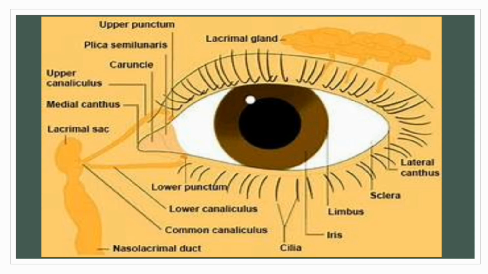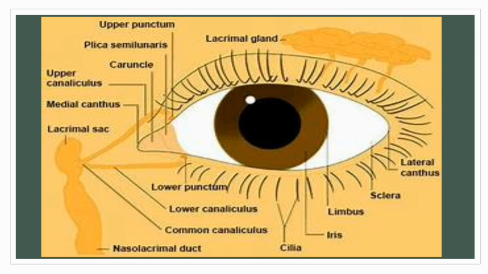But the last point is that they may have a common opening, or they may open separately into the lacrimal sac. The lacrimal canaliculi join to form a common canaliculus, and that further opens into the lacrimal sac.